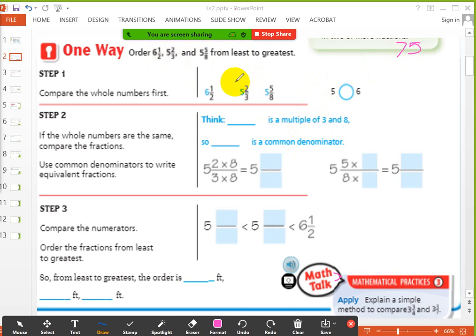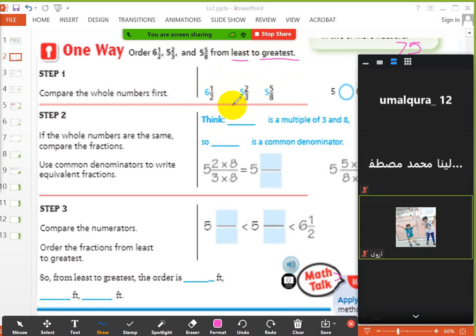When I want to compare mixed numbers, first I will start my comparison with the whole part. So I will compare 5 or 6 here, 5 and 5, to know the least number and the greatest number. So I want to order here from least to greatest, okay?